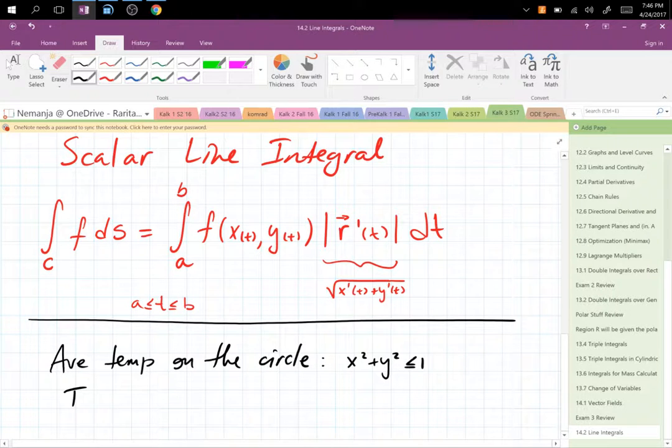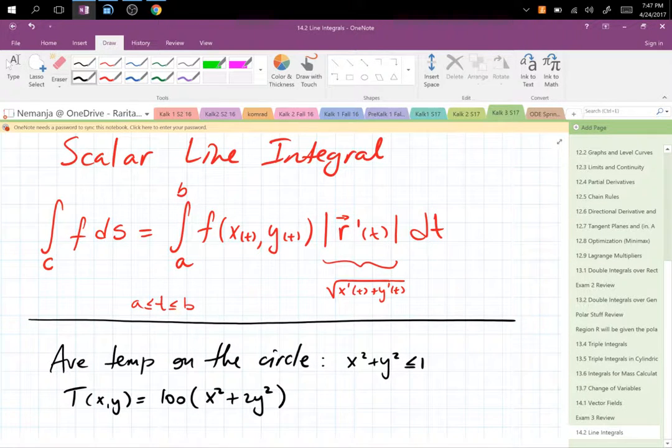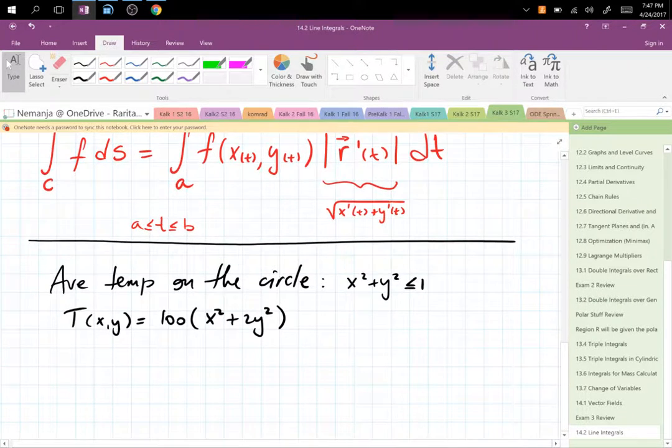And the temperature equation T(x, y) is given as 100 times x squared plus 2y squared. All right. So this is what we have for our setup.